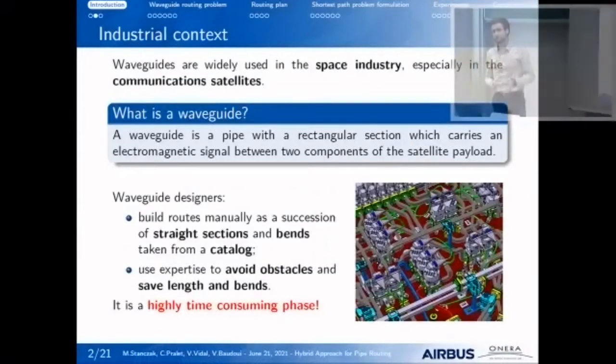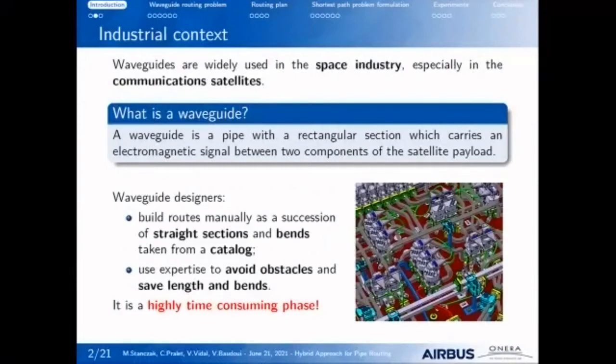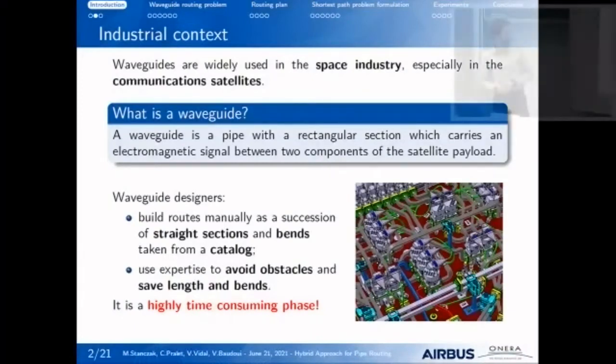In the space industry, and especially in communication satellites, we use waveguides. A waveguide is a pipe with a rectangular section which carries an electromagnetic signal between two components of the satellite payload.